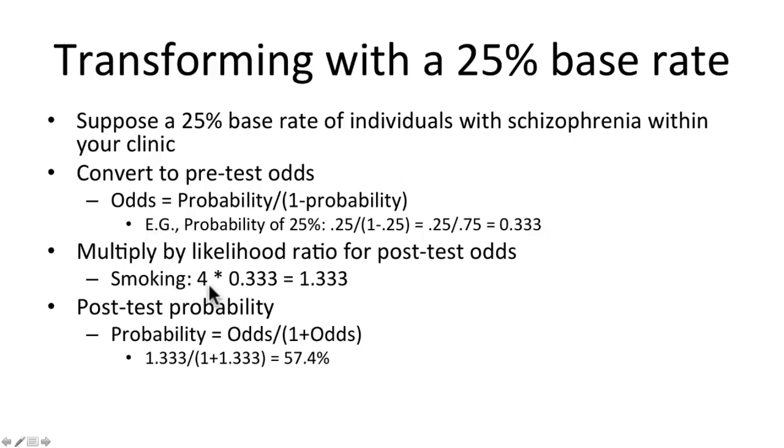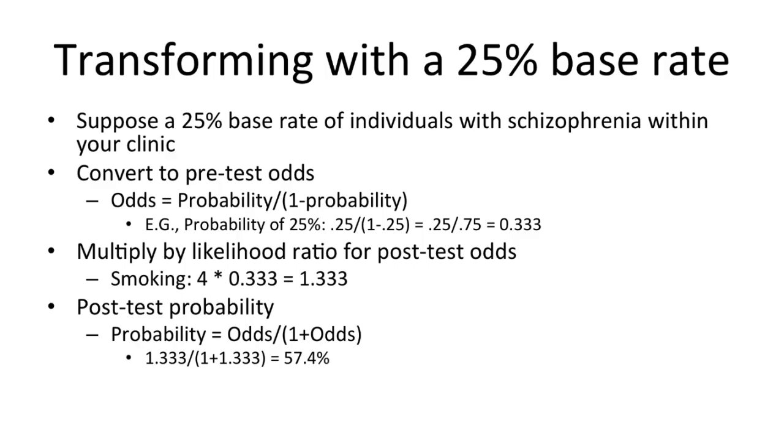Multiply that by 4, because that's what you got from your sensitivity and specificity numbers. Your new probability is 1.33333 divided by 1 plus 1.33333, and you get 57.4%.